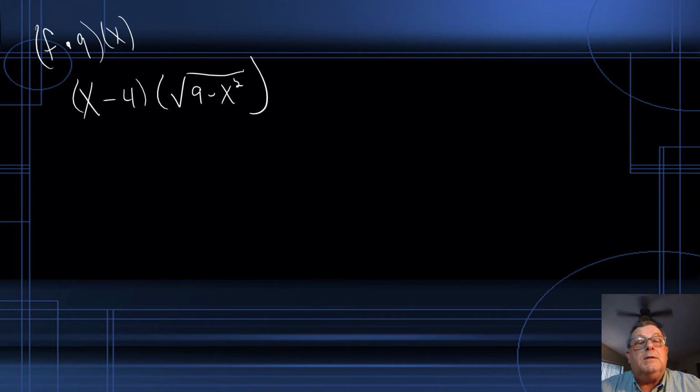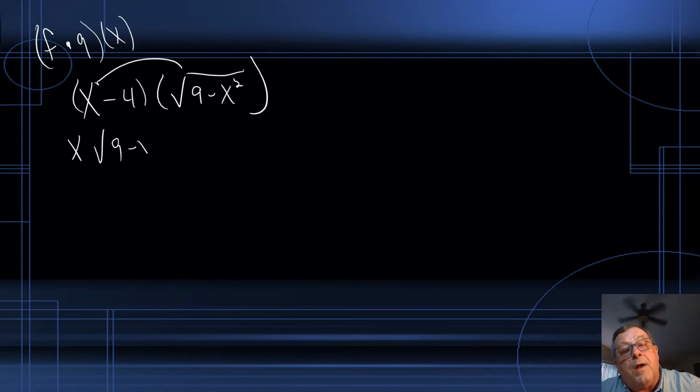All right, well, let's see. I'm just going to do some distribution. I'm going to do x times the square root of 9 minus x squared, which is x times the square root of 9 minus x squared. That's a sloppy square root symbol, isn't it?